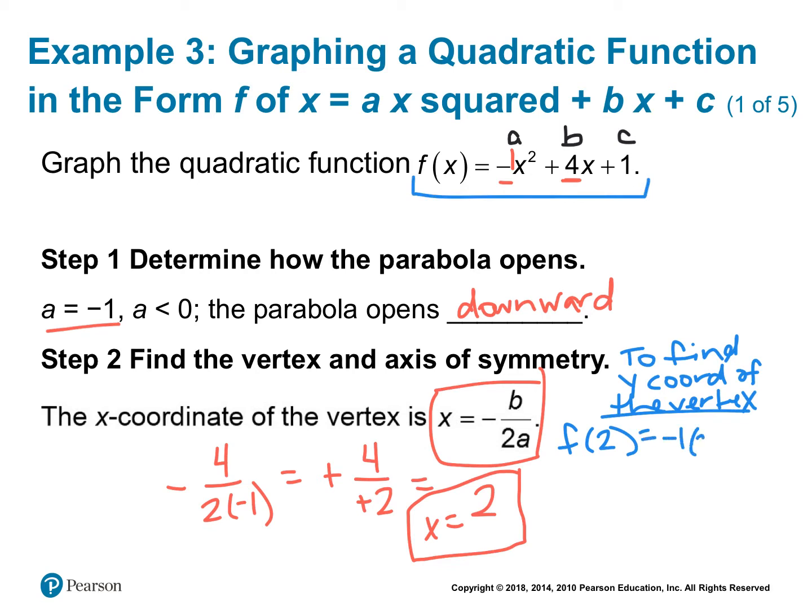So I'd have -1 times 2 squared plus 4 times 2 plus 1. That means I'd have -1 times 4 plus 8 plus 1, which is -4 plus 8 plus 1, which gives me 5. So my y equals 5. So my vertex is going to be (2, 5).